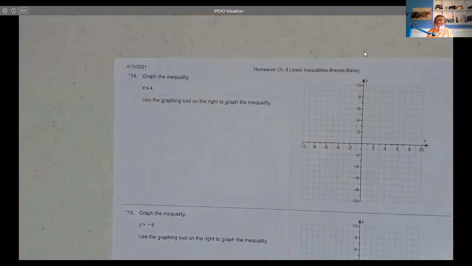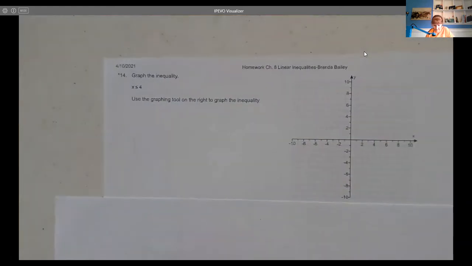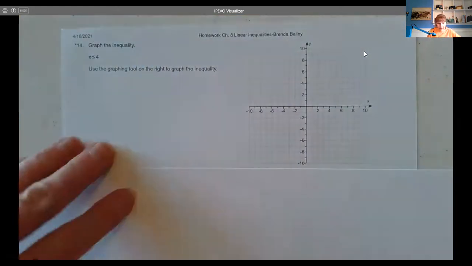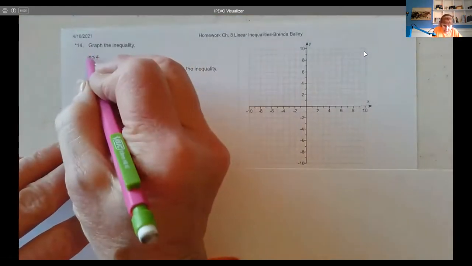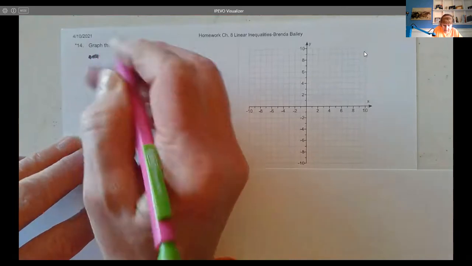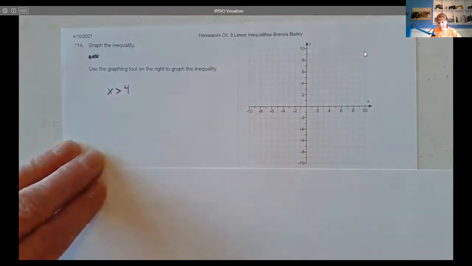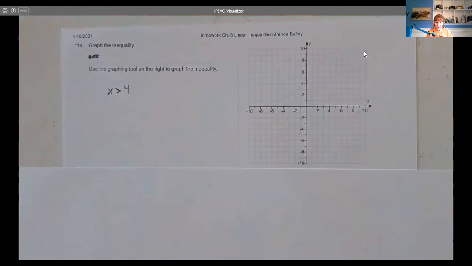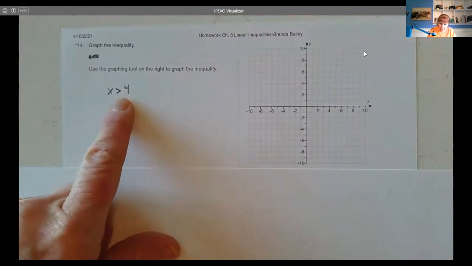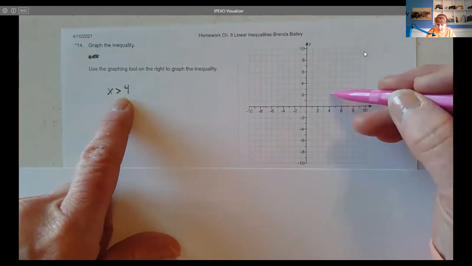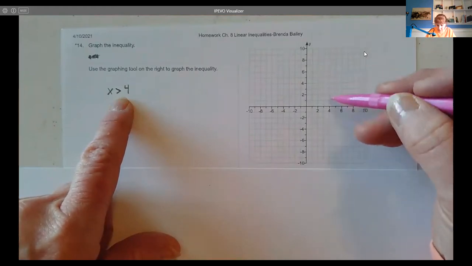Okay, this one happens to be the same, but that's all right. I think I might change this one in case they change it on yours. I'm going to graph x is greater than 4. Yours might be different and I want you to look at a less than and a greater than. I'm going to go to the 4, and it's going to be a vertical line, has an undefined slope.